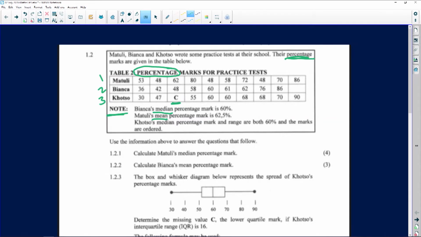Khoso's median mark and range. So here we're given the median mark and then we're given the range. So again, we need to know what a range is. Are both 60%. So we're given some really great information there. And the marks are ordered. That's another beautiful point that you need to know about maths literacy and data handling. Your marks or your points always need to be ordered.